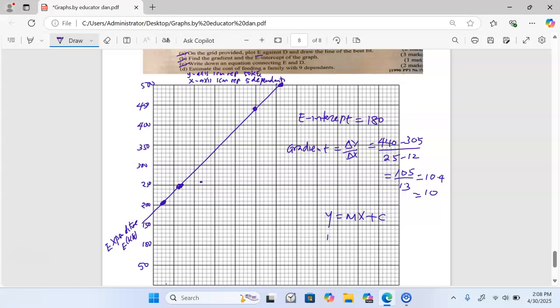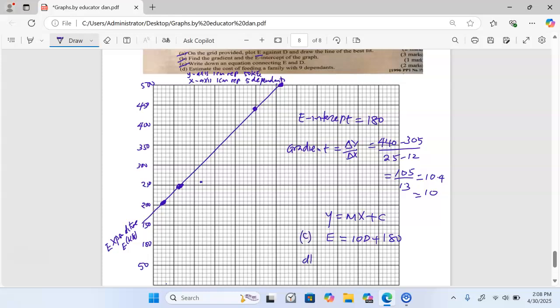E is represented by the expenditure, m is the gradient, which is 10, x is represented by D, the number of dependents, plus c, which is the y-intercept, and the E-intercept is 180 from what we have obtained. This is part C of the question.